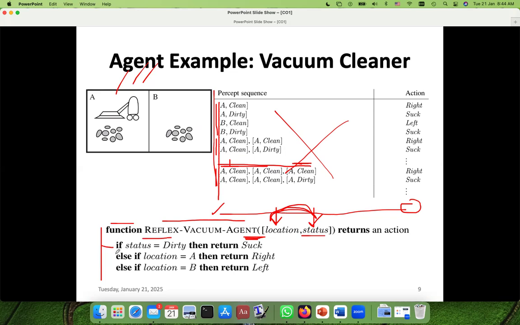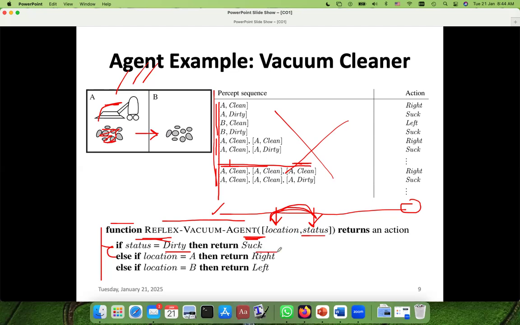This is the if statement, and this else if is connected with it. So if status equal to dirty is false, which means the status is not dirty, there is no dirt available, then what? We are checking else if location is A, if the vacuum cleaner is in location A, then return action.